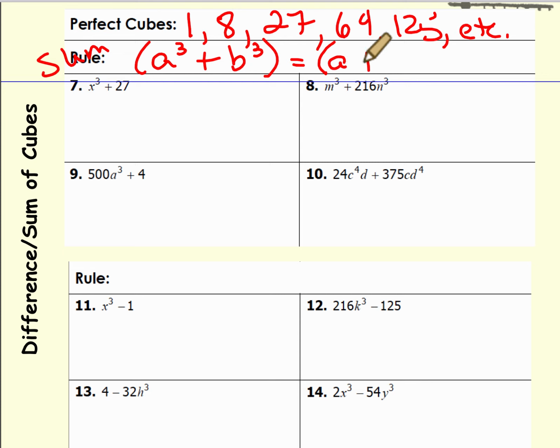The cube root plus the cube root, and then square minus the product of the cube roots plus the square of the cube root.